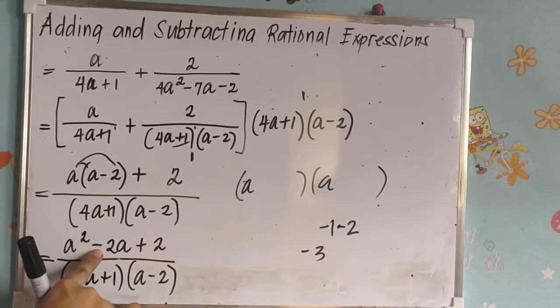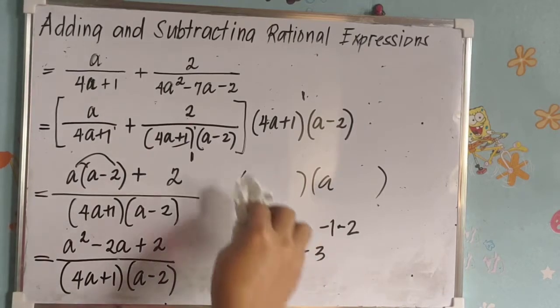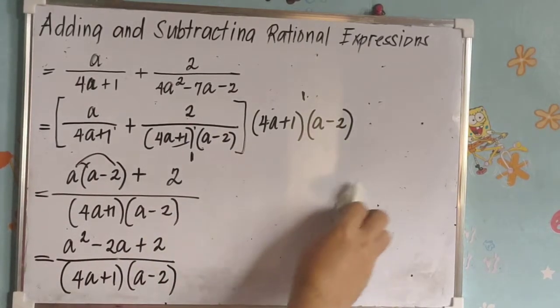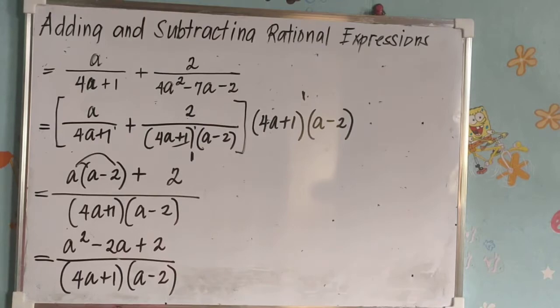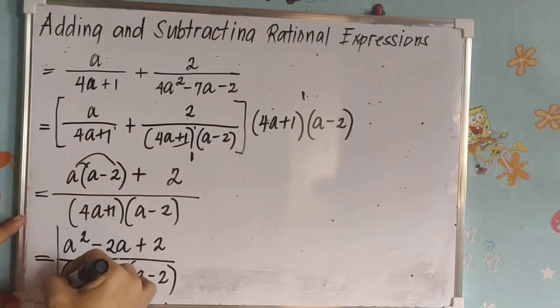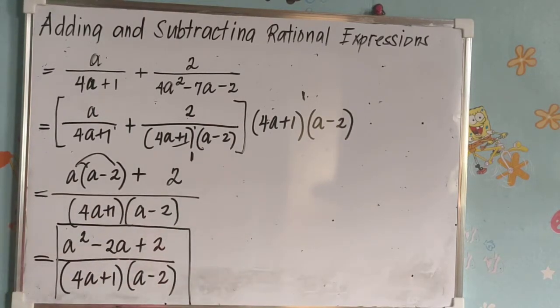It will never be equal to negative 2, meaning this is no longer factorable. So, this is now our final answer: a squared minus 2a plus 2 all over the quantity 4a plus 1 times the quantity a minus 2. That's it.